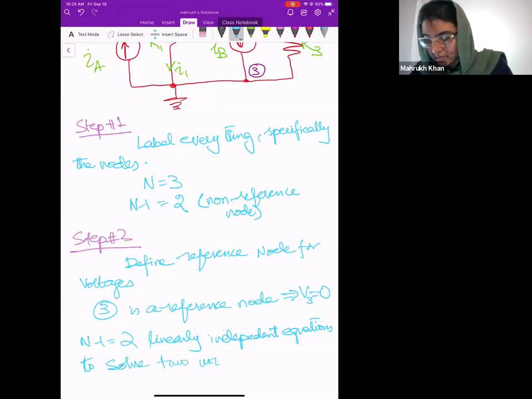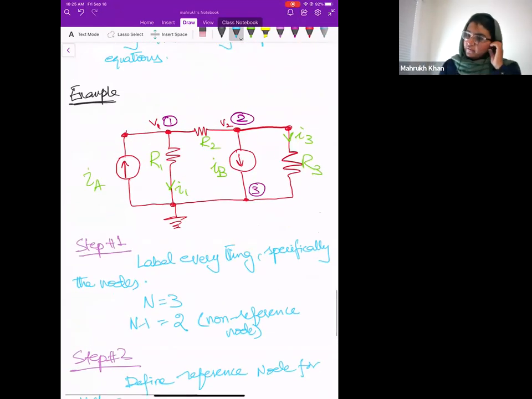Do you know how many unknown voltages we have? 2, which are V1 and V2, right, in our circuit. Is it clear? Or do you think there is any other voltage that is unknown?